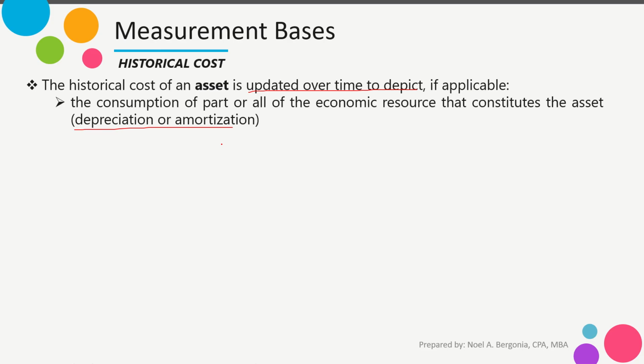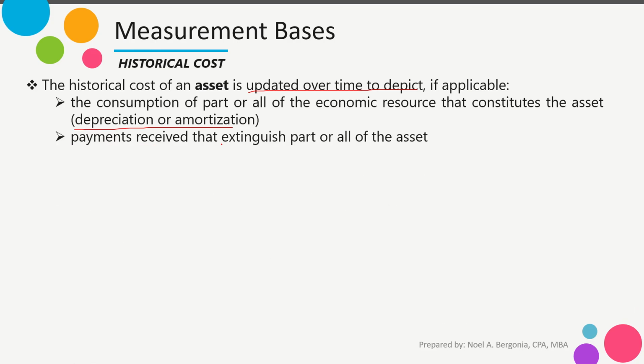And then ginamit mo, nagkaroon ka ng depreciation or accumulated depreciation na around 300,000 na. Okay, so the remaining value of that asset is what? 700,000 na lang. So again, the historical cost of an asset was being updated, number one, because there is a consumption or there is already a decrease on its value. Not necessarily na ina-update natin yung value because of market conditions. Okay, so hindi po yun applicable in historical costs.